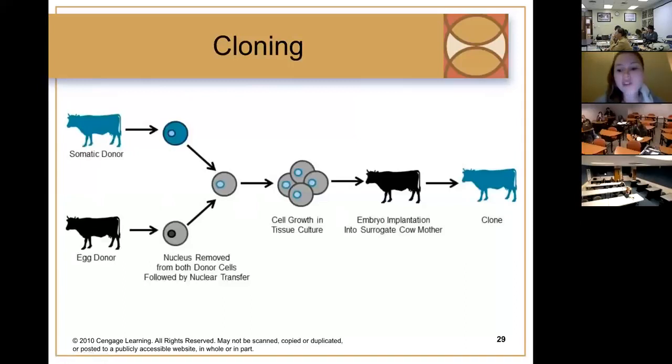But cloning is really, really expensive, so I wouldn't say that it's used very often. If you have an animal that is record producing, you may want to invest the money to keep that animal around. But it is very expensive, so it's not a typical tool, but it's something that is there.